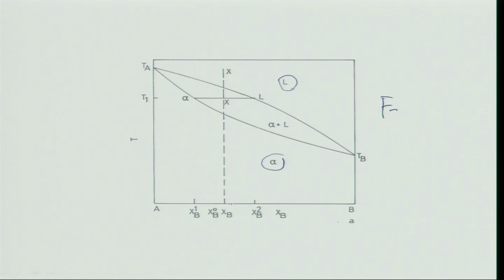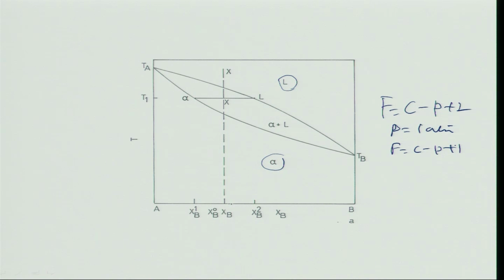We know the phase rule is given as F equals C minus P plus 2, where F is the degrees of freedom. Here pressure is constant, kept at 1 atmosphere. Therefore, F will be equal to C minus P plus 1, because pressure is not varying here.